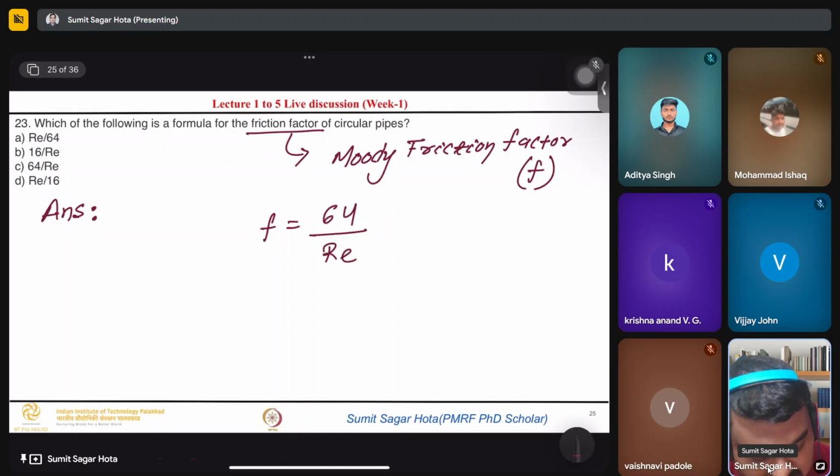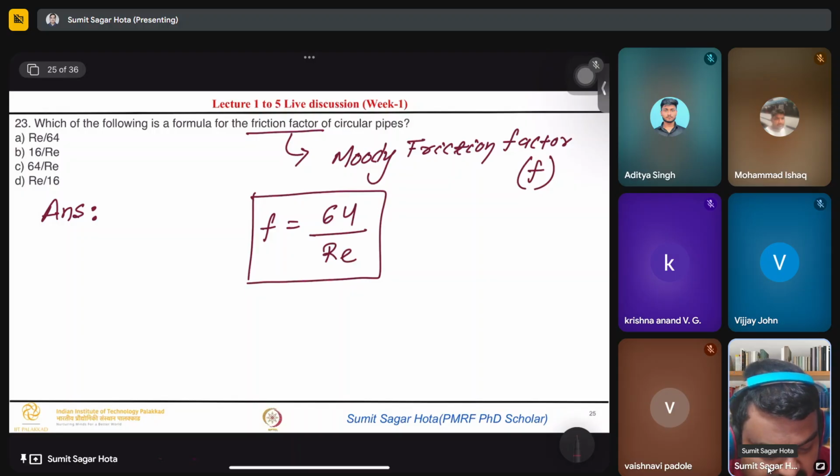This is an empirical formula; he did some experiments and found this relation from them. This is not necessarily the only friction factor available. Many scientists have given different friction factors, but this one is used especially for laminar flows. More or less this gives you the correct result if the flow is laminar. For turbulent flow this cannot be applied.